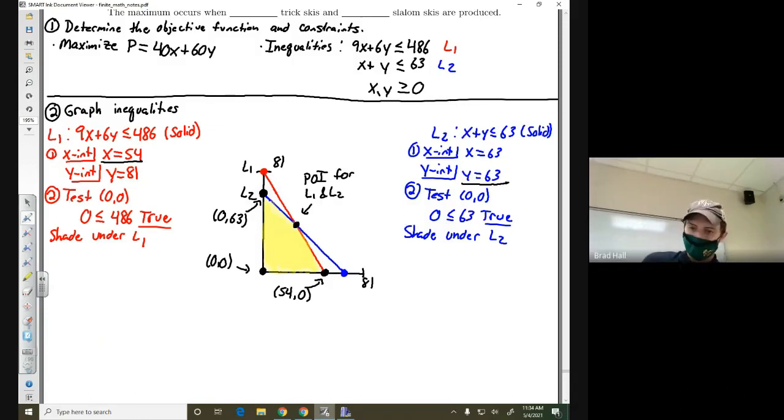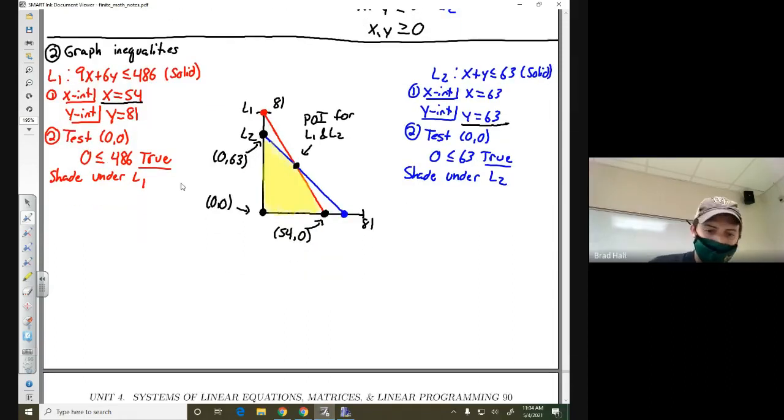And so from here, for the point of intersection, we have to do a matrix. See, I should have some space down here. So this is for L1 and L2. Actually, I'm going to do this up above. I might need that space.